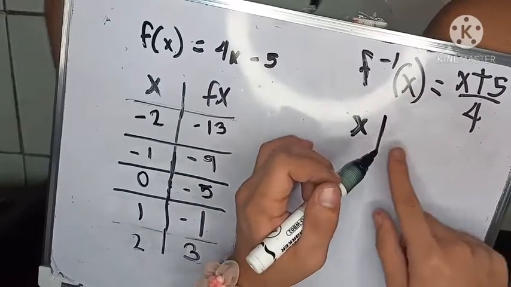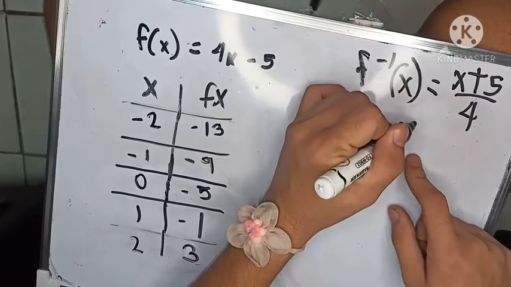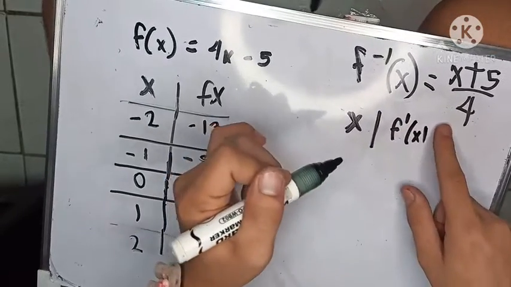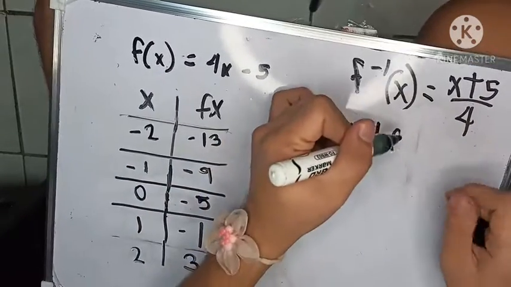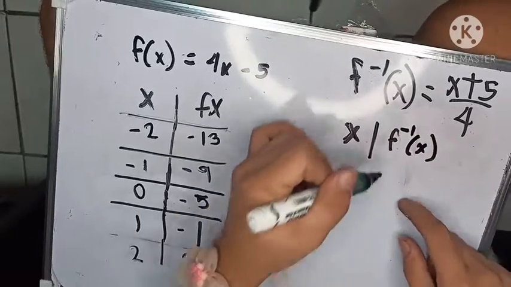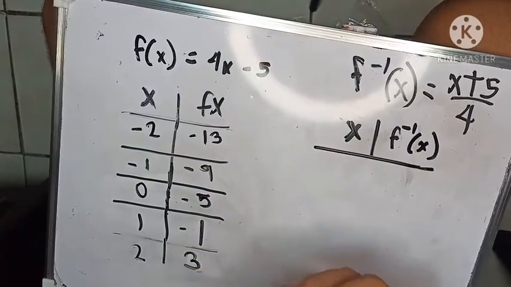X right here. So the y should be the inverse function, f(x) minus 1. Oh, my bad, I was wrong. f inverse of x. Okay, that's it.